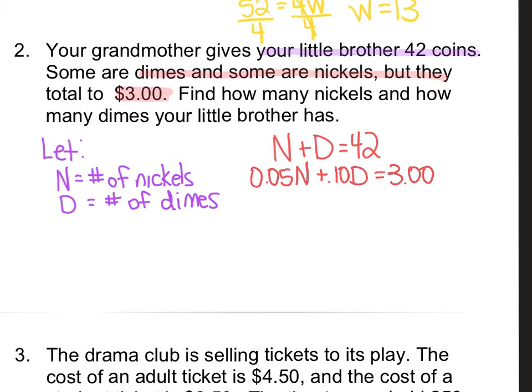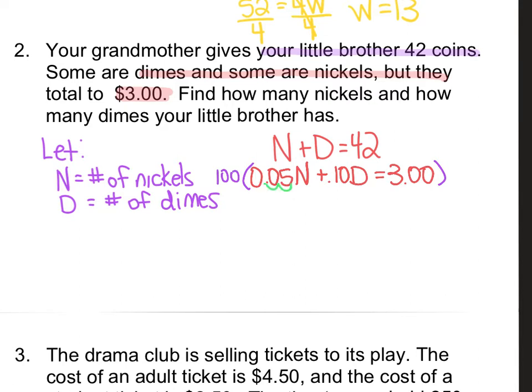Now, you can see here that these are both in standard form, so elimination would probably be the easiest thing to do here. However, I do not want to deal with these decimals. So how can I get rid of the decimals? Well, I could multiply everything in this one by 100.